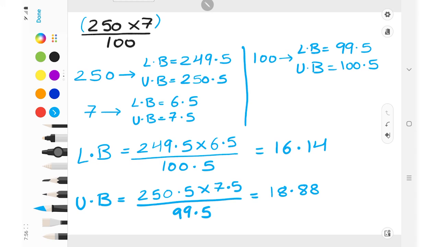So I'll take another example so that you can understand it clearly. Now I have 44 divided by 3 squared. 3 squared is 3 multiplied by 3, right? If I want the lower bound for the whole calculation, I will take the lower of the top and the upper of the bottom.